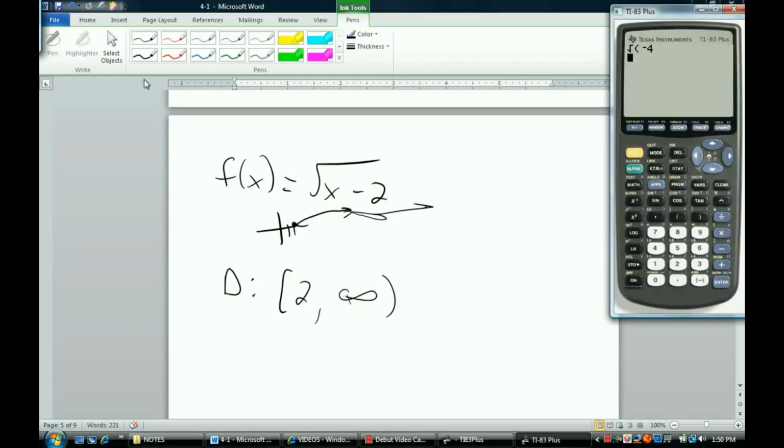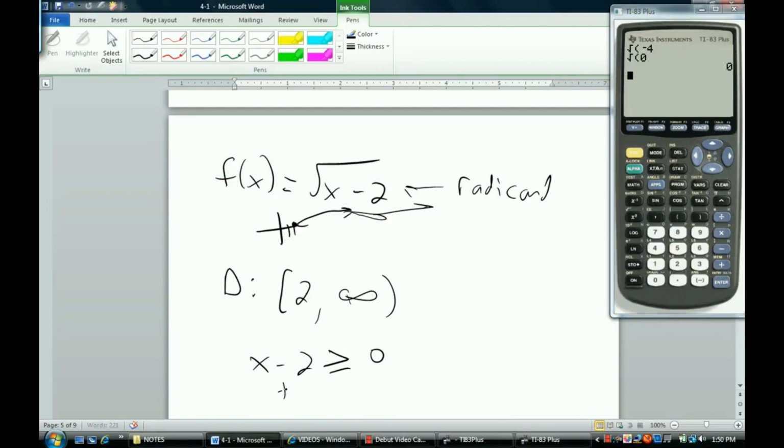So if you don't have a calculator or misplaced it, you can just find out, when it comes to the domain, where the radicand, x minus 2, is. We know it has to be bigger than 0, but it also can be equal to 0, because you can find the square root of 0 and get an answer. See? 0. You got an answer.